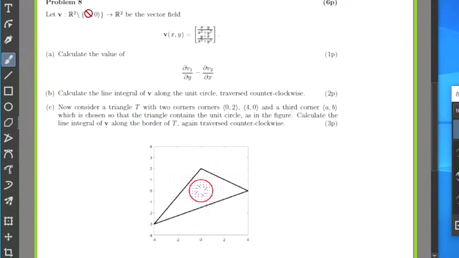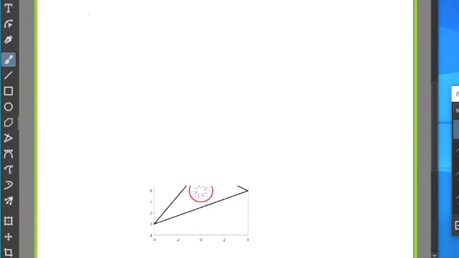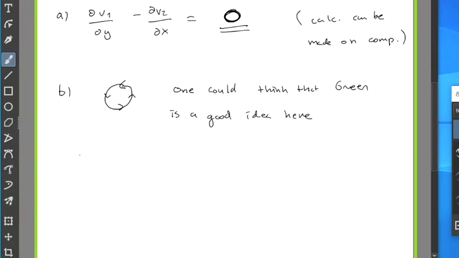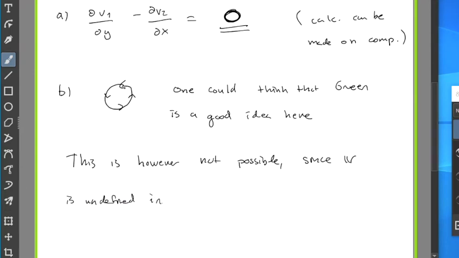So that means that Green cannot be applied. So we need to calculate the line integral by hand.